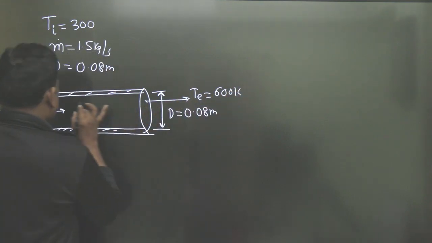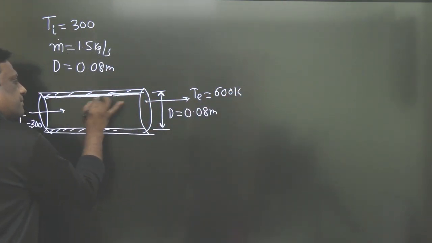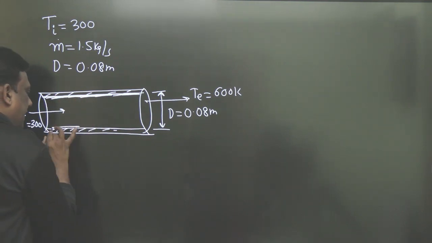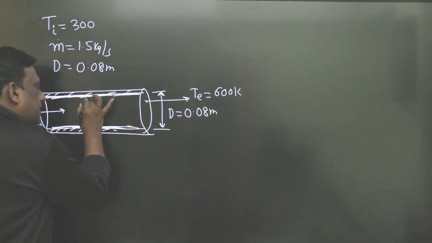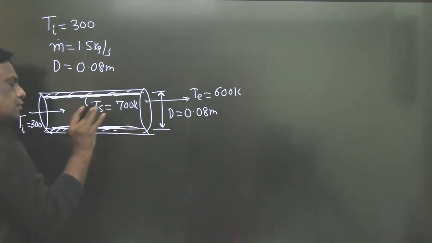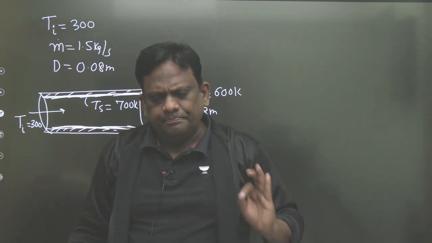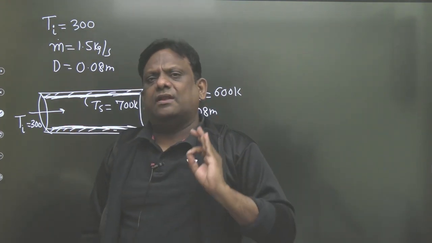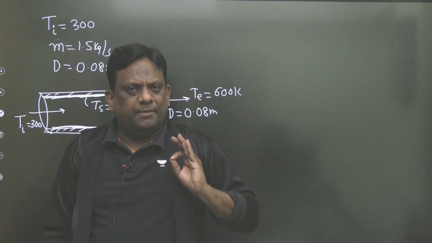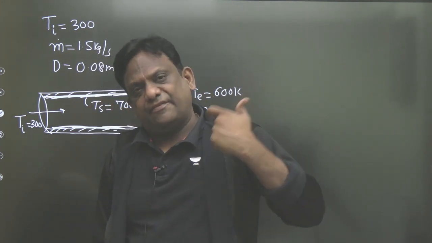And one more thing, the inner wall surface temperature of the pipe is maintained at 700 Kelvin. So this is a question on constant surface temperature. I have discussed in my regular convection classes on Unacademy Plus constant heat flux and constant surface temperature.